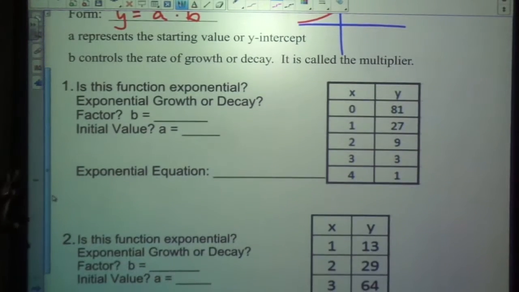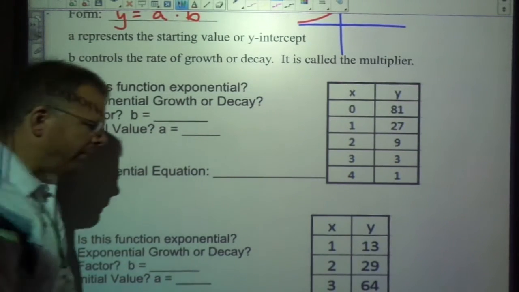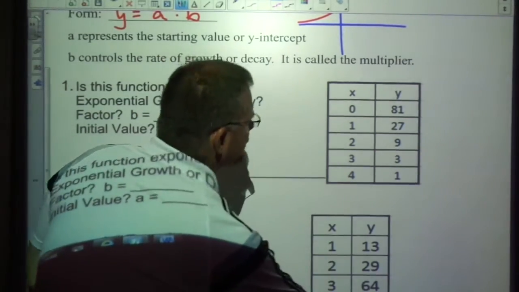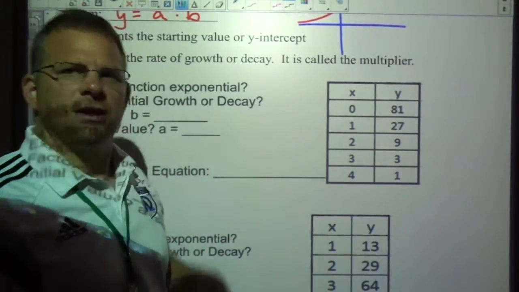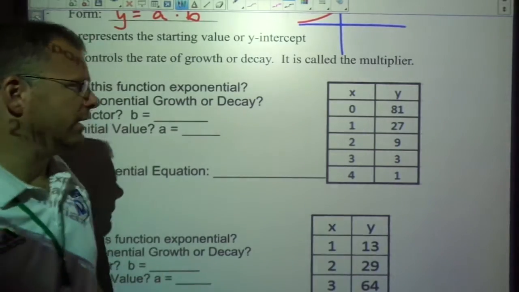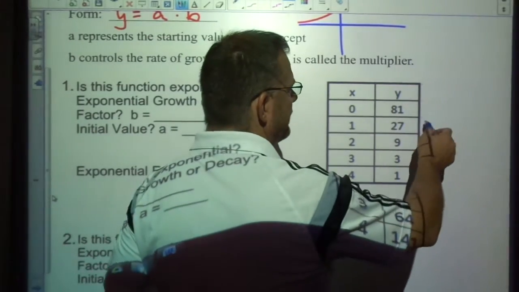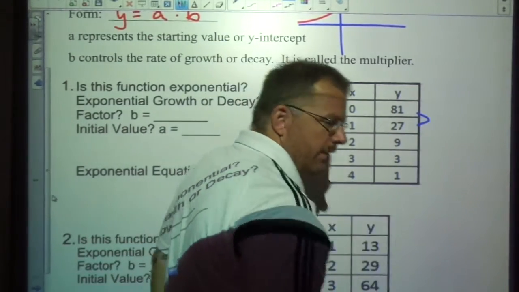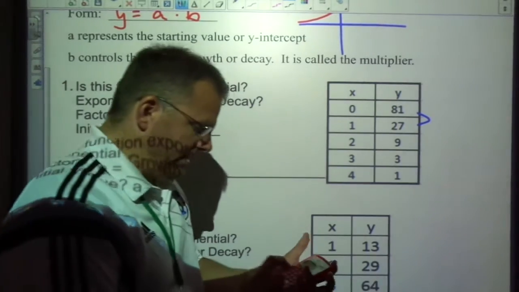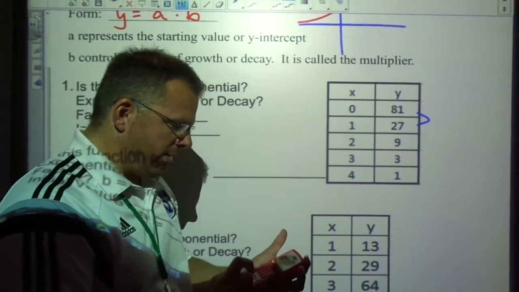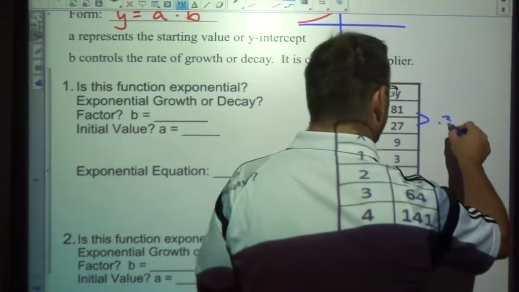So here's an example where we have a bunch of points. And the thing to do here is to check to see if it's exponential. We want to see if it's a constant rate of multiplication all the time. So if I take 27 divided by 81, I'll do that on my calculator. 27 divided by 81, I get 0.33.